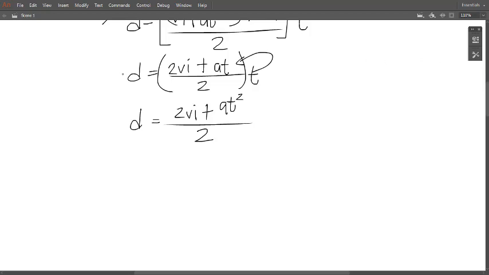Okay, so simplifying it further will provide us another equation, which is equation E.